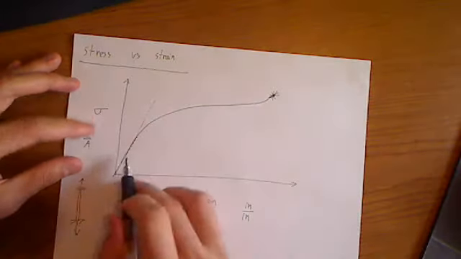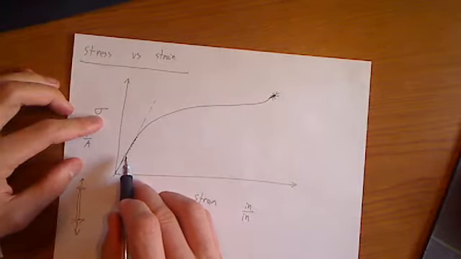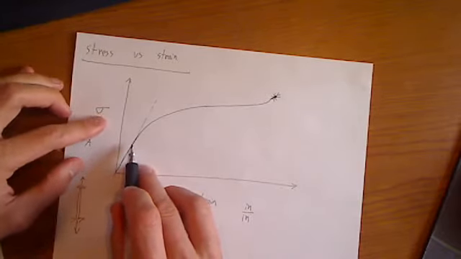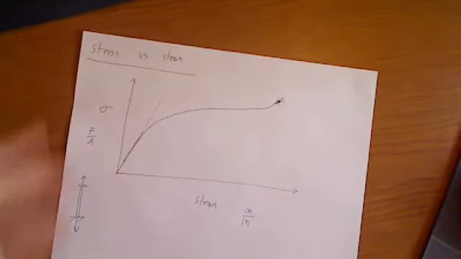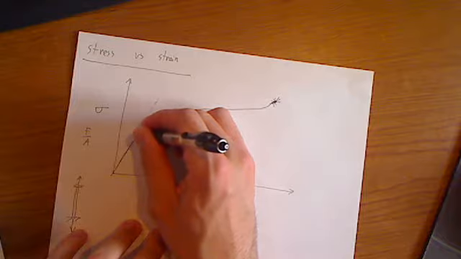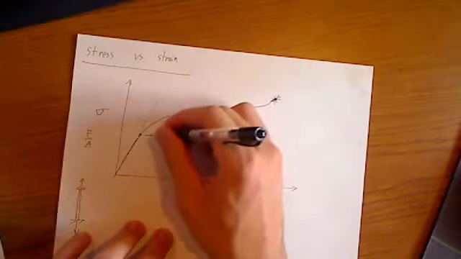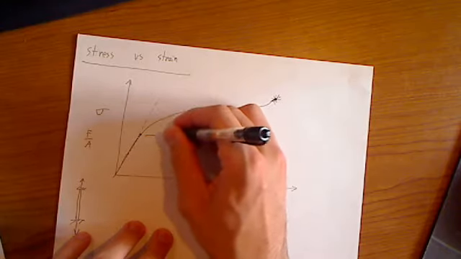You go up some amount in strain, you pull it a little bit, you get some amount of stress. You do it twice as much, you get twice as much of the other. Perfectly linear. At some point, this will leave the curve. We call this the proportional limit, or the elastic limit.